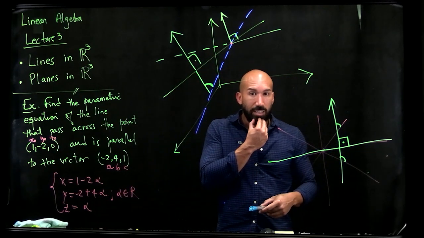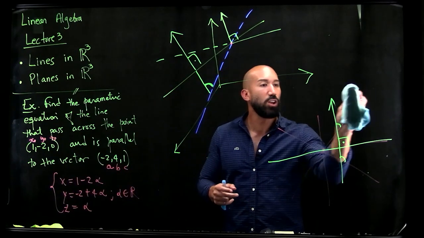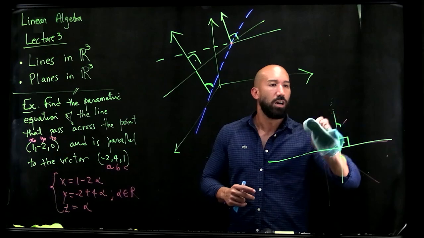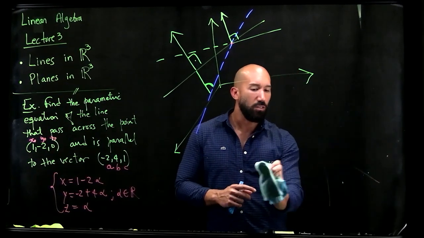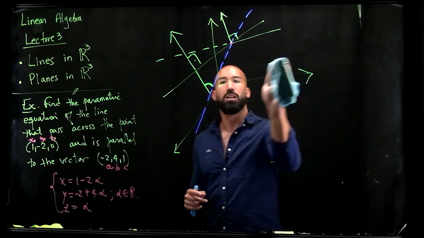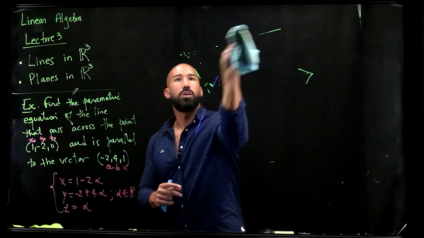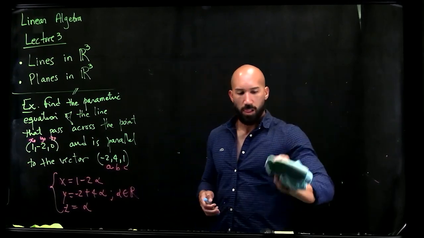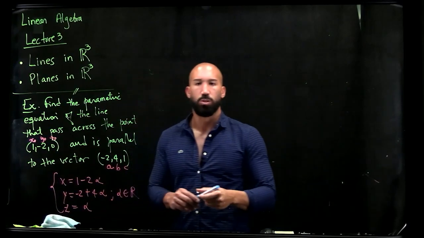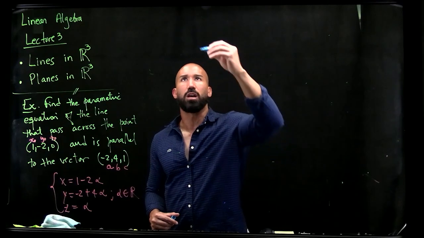So what is this telling us? That for the normal equation of a line in R3, the information that we need is one point and two non-collinear orthogonal vectors.